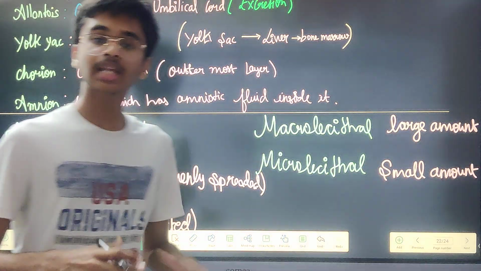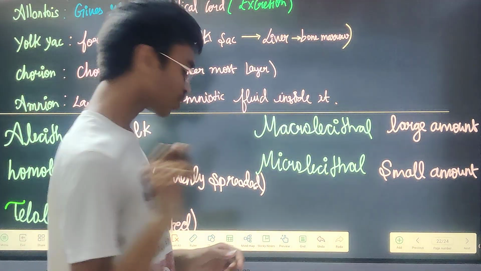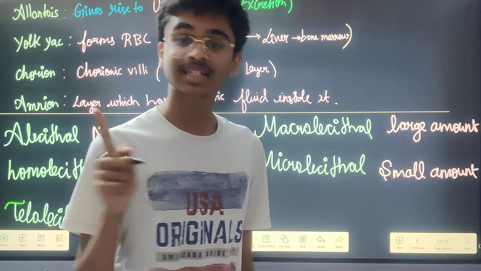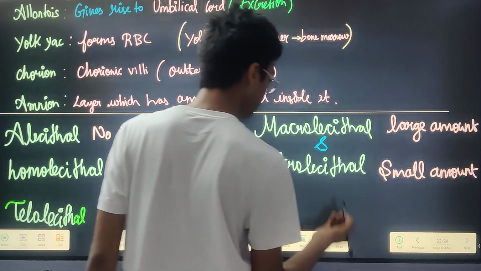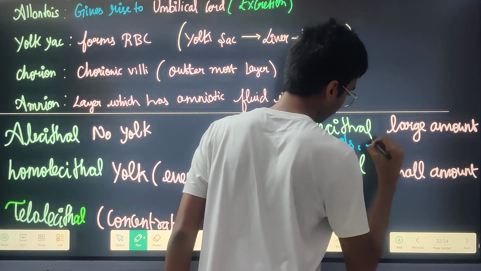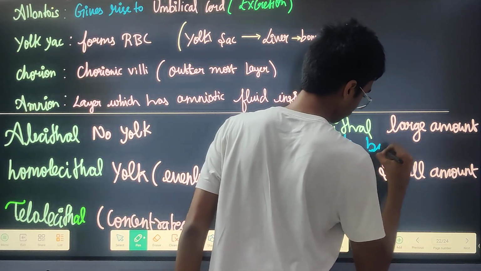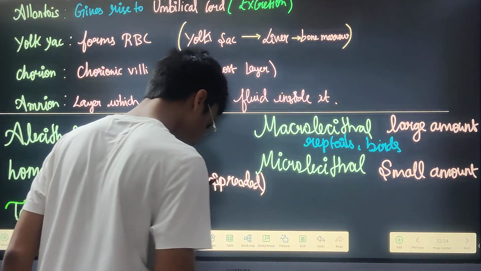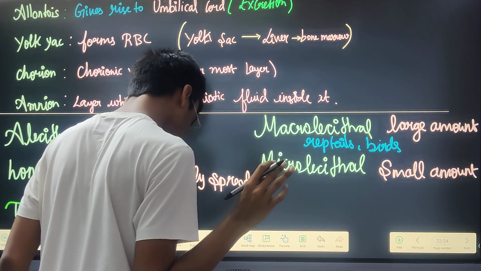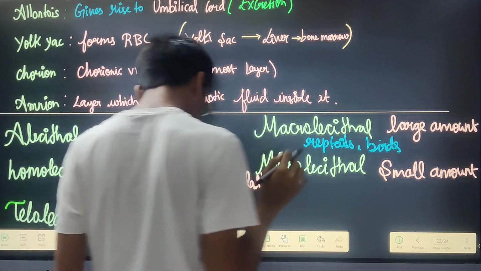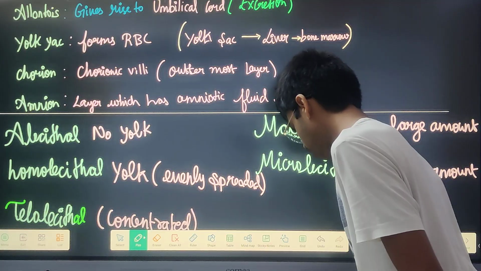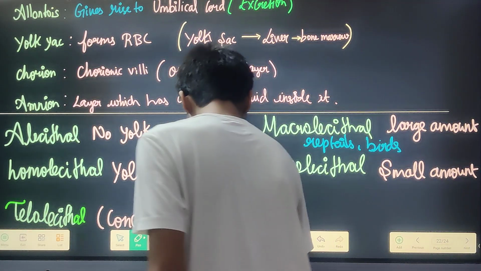So macrolecithal, as I said, is a large amount. Just imagine for which animals we have macrolecithal. Reptiles, mainly snakes, then also birds, and some species of fishes.